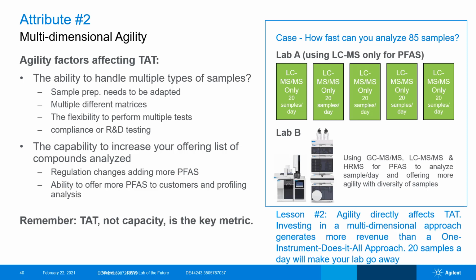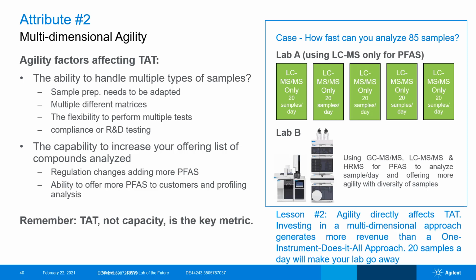Now, another attribute that labs of the future for PFAS analysis must have is this multi-dimensional agility, right? One of the things I mentioned is that the lab of the future will be doing multiple different kinds of PFAS analysis with different instruments. That's important because if one aspect of that is delayed, then at least you have additional means or sources of revenue. Whereas if you look at Lab A in this figure that is only using an LC-MS for analysis, then they are limited in both scope and the amount of samples that they can run.